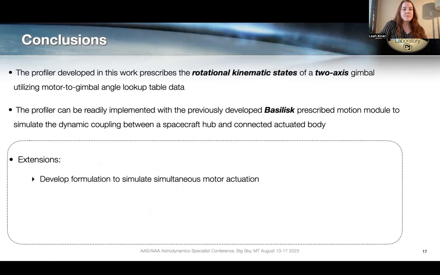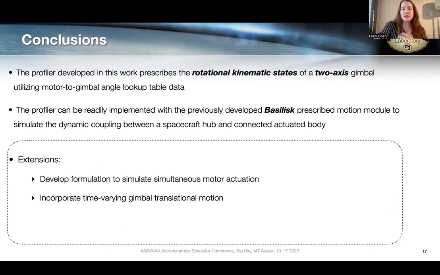And in the future, we would like to develop a formulation to simultaneously actuate both of the motors to make the trajectory of the gimbal less choppy and more smooth. And we also want to incorporate the motor's effect on the translational motion of the gimbal as well, because we are neglecting that in this work.